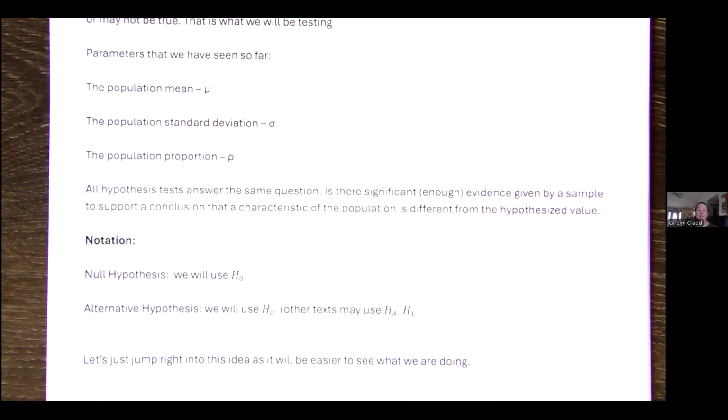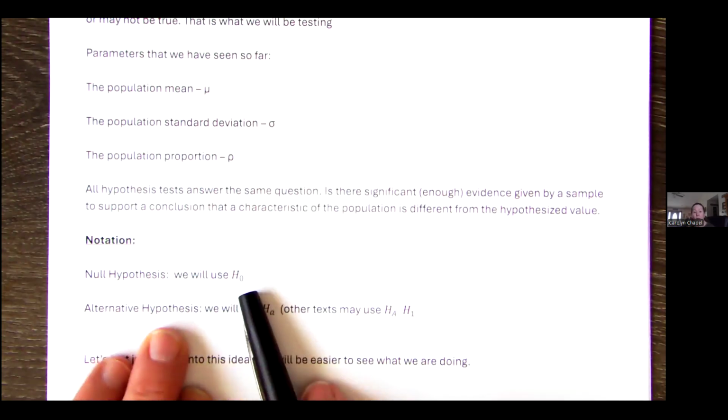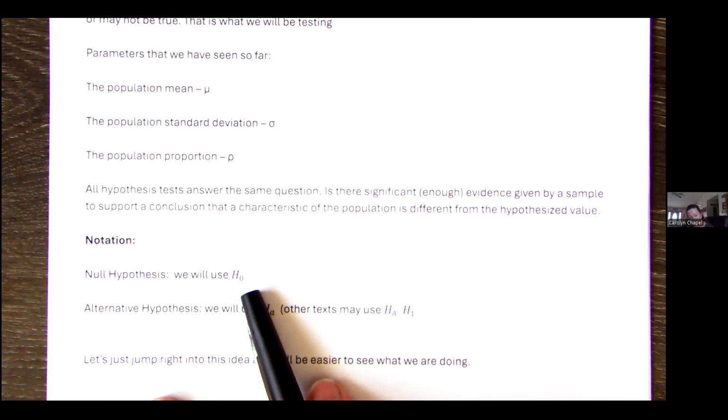So the first thing they do is they are going to have two statements: a null hypothesis and an alternative hypothesis. We use H with a little zero down here for the null. That's going to be our status quo, kind of what we believe is the truth as we see it right now.